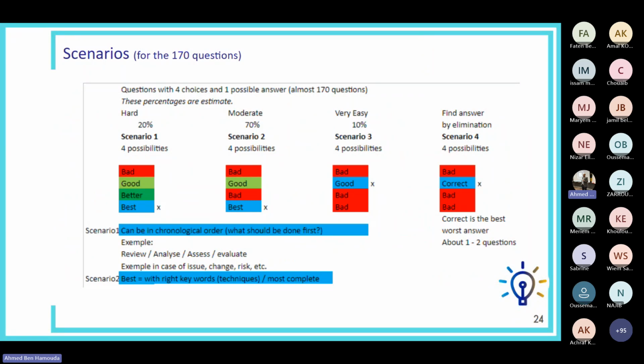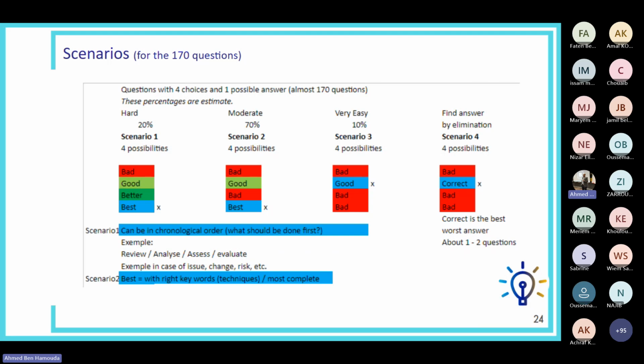In the exam, and mainly for those almost 170 questions, each of which has one question with four choices and one possible answer, there are usually almost four types of scenarios.